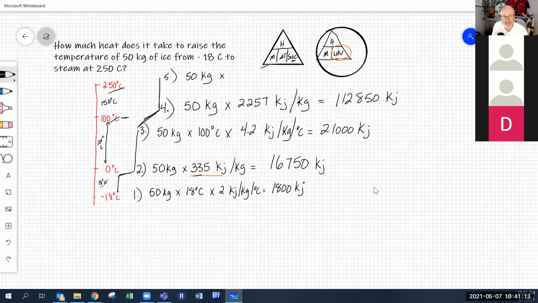Multiply that by the delta T, which is 150 degrees C. Multiply that by the specific heat capacity of ice, or excuse me, of steam in metric, which is 2 kilojoules per kilogram per degree Celsius.